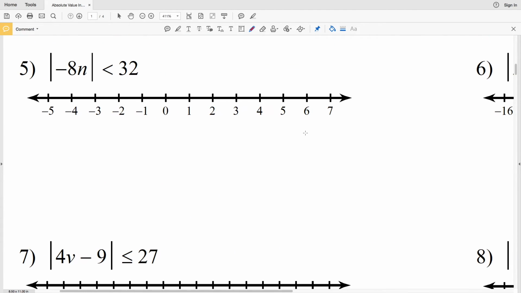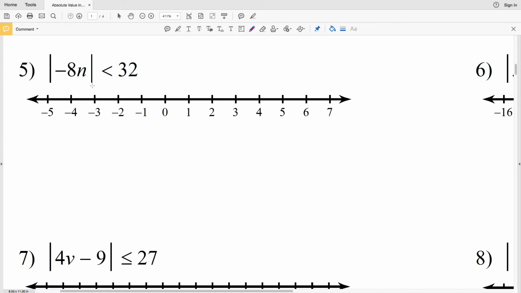On to number 5. We have the absolute value of -8n is less than 32. So we're saying that -8n, this quantity, is either less than 32 or that -8n is greater than -32.